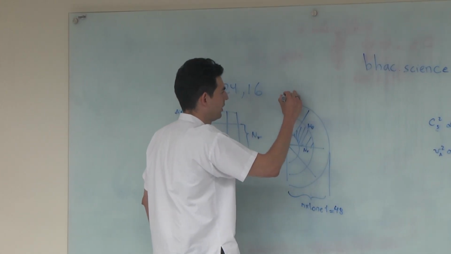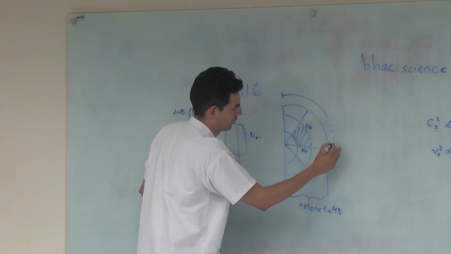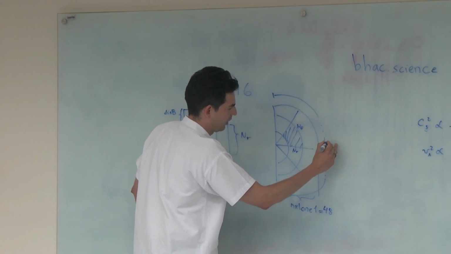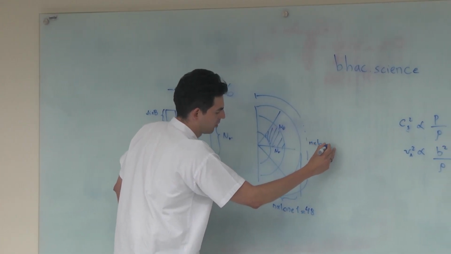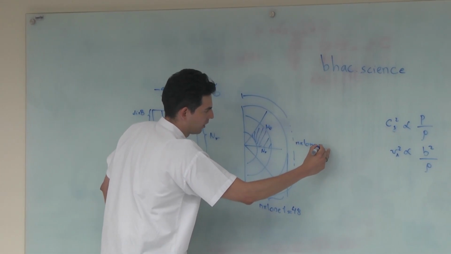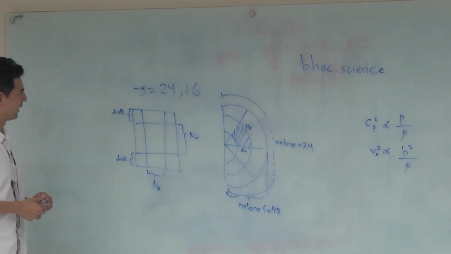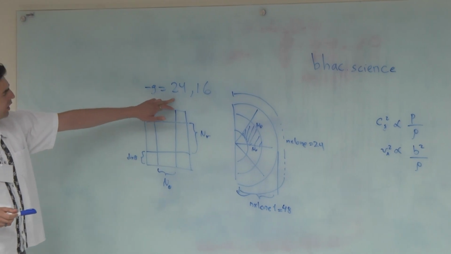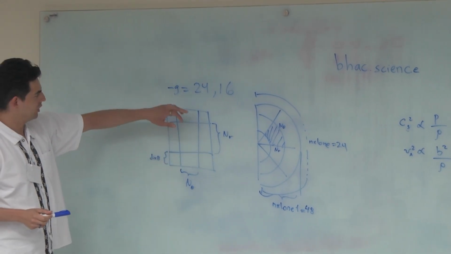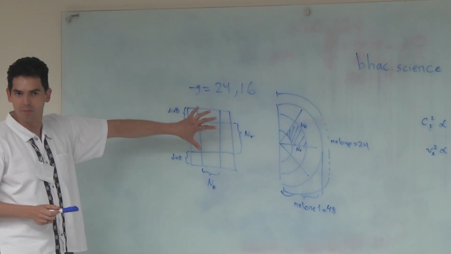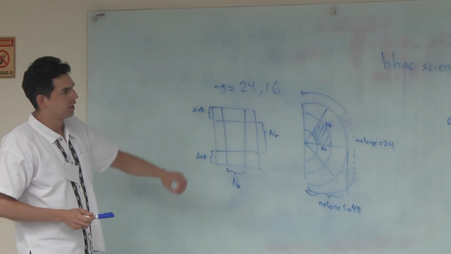And the number of cells in the theta direction, which in this case is 24. So this number is the total size of blocks, including those regions.